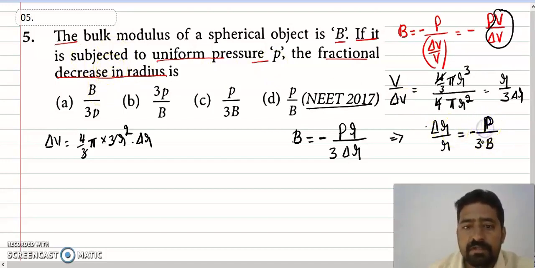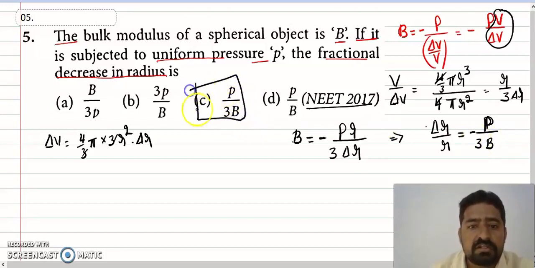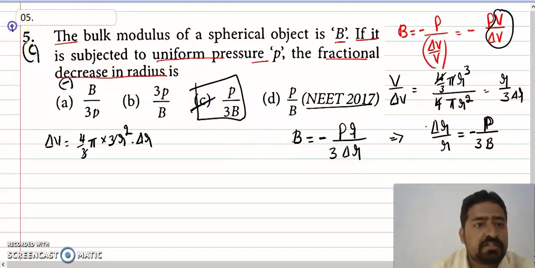So that is P divided by 3B. Which is the right answer for this question? That is the third option. The minus sign shows the decrease. So option C is the right answer for the fifth question.